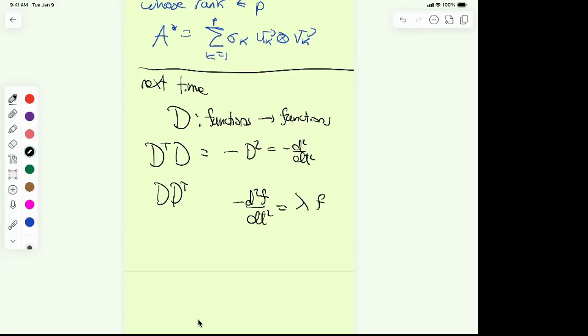What I was saying is that a derivative is kind of like an infinite dimensional matrix. That's the analogy to have in mind. So it's like applying SVD to infinite dimensional matrices. And then the integral is like a pseudo inverse of the derivative, which is also fun to see.